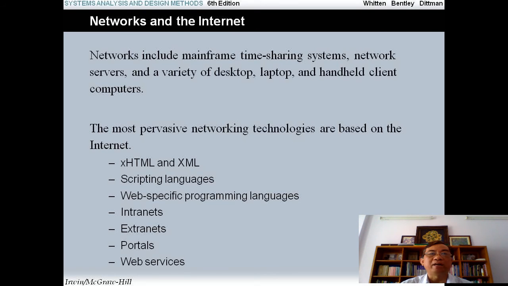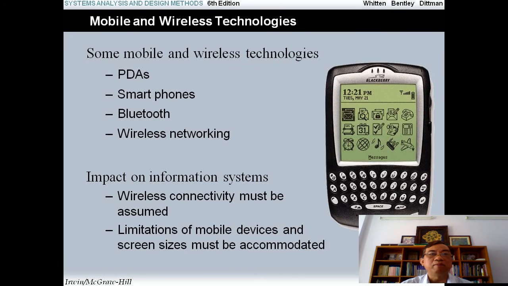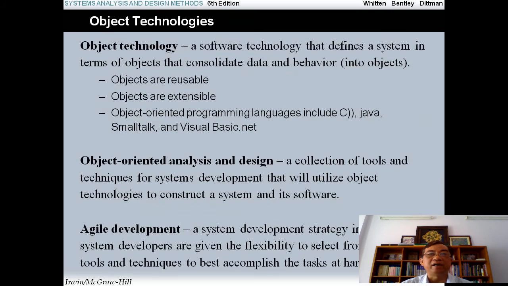And you see here mobile and wireless technologies. Mobile and wireless technologies are PDAs, smartphones, Bluetooth, and wireless networks. And you see here object technology, a software technology that defines a system in terms of objects that consolidate data and behavior.